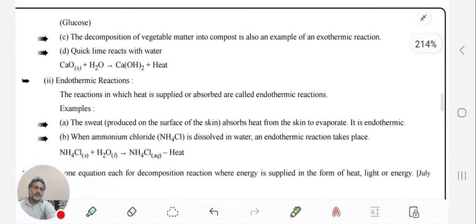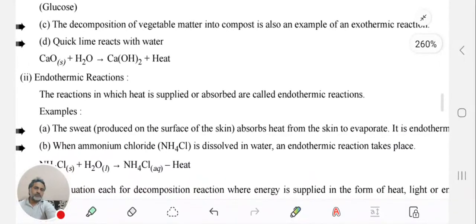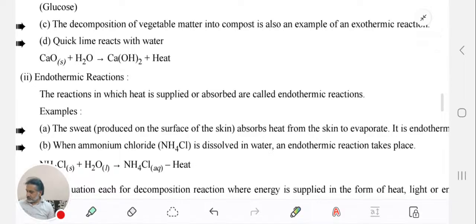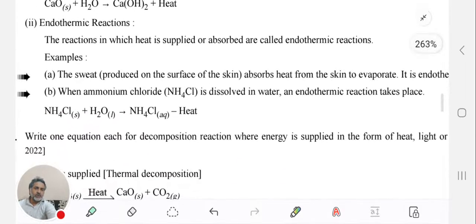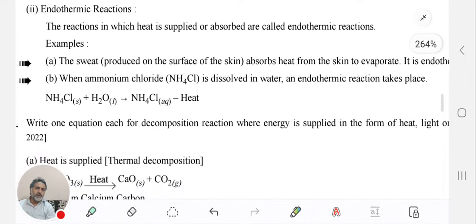C. The decomposition of vegetable matter into compost is also an example of an exothermic reaction. D. Quicklime reacts with water. CaO plus H2O gives Ca(OH)2 plus heat. Number 2. Endothermic reactions. The reaction in which heat is supplied or absorbed is called an endothermic reaction.